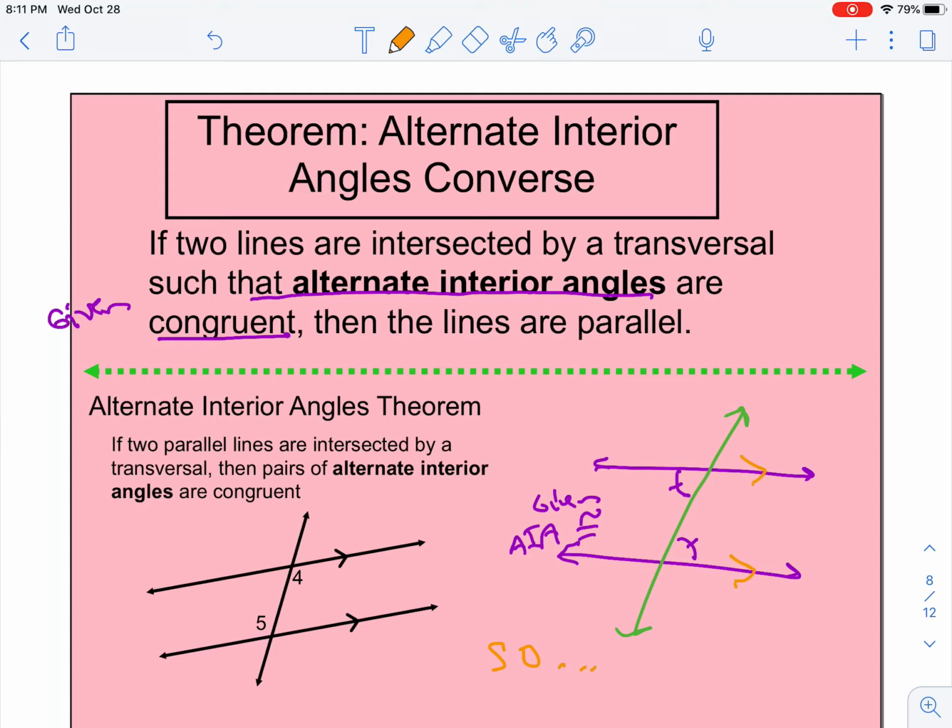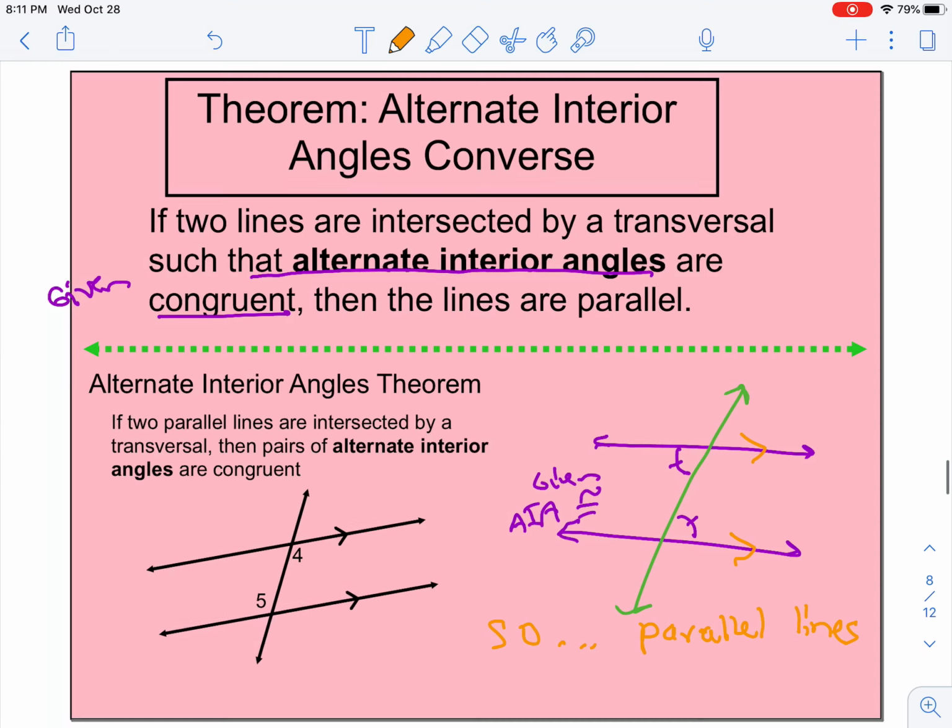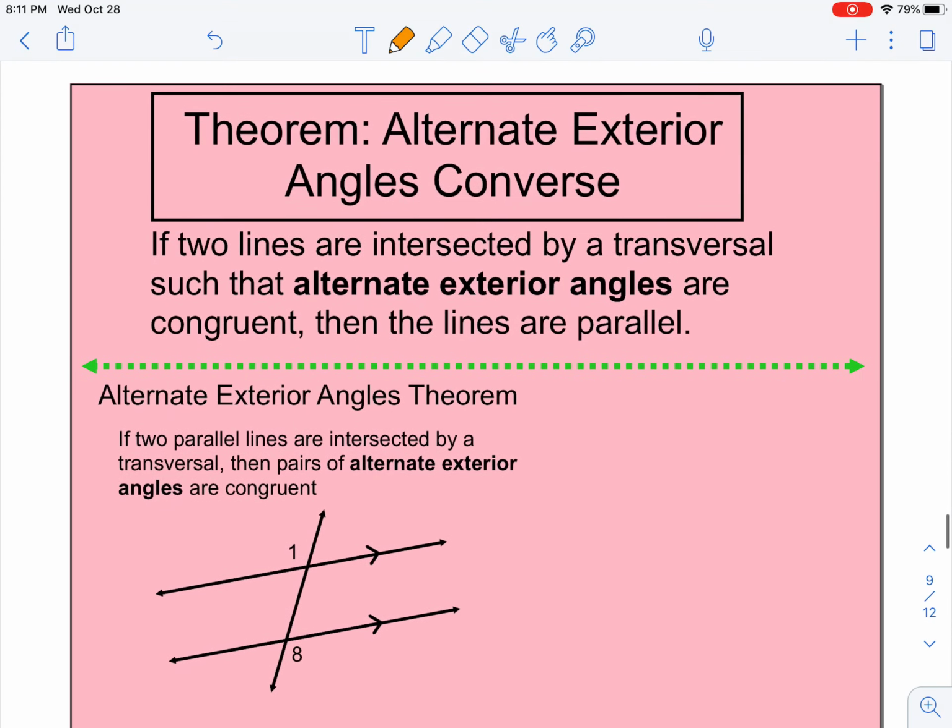So then what we have is parallel lines. Okay? And maybe I could have cleaned up that last one, but again, you're just trying to understand the converses here of those original theorems.